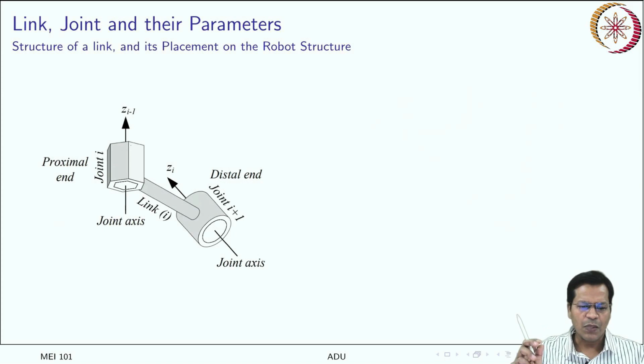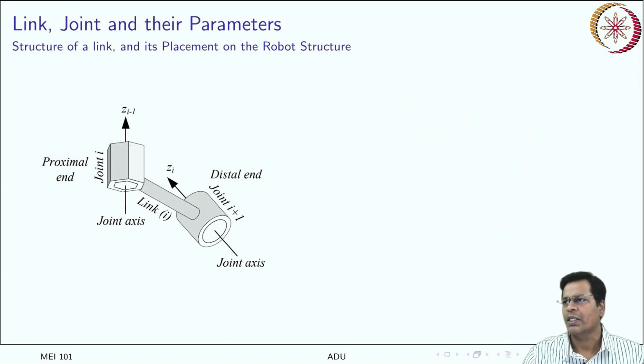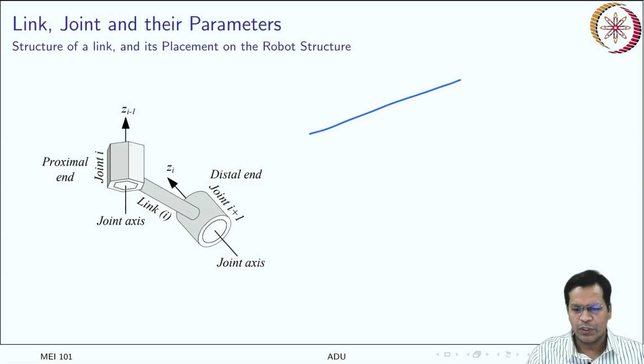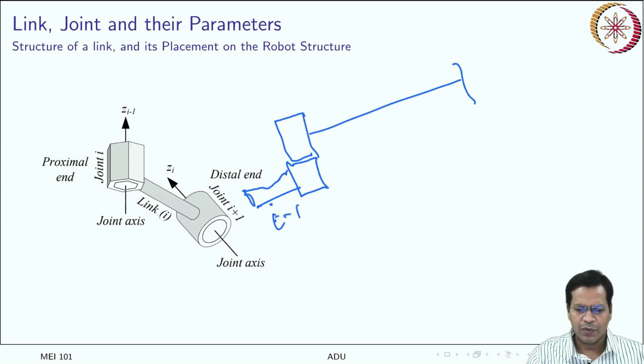So, link and joint parameters. Regarding the structure of the link, normally they have a link with two ends. One of the ends is connected with the previous link in the series, which ends with a joint also. This is the previous link, the i minus 1th link, which has ended with a joint i.